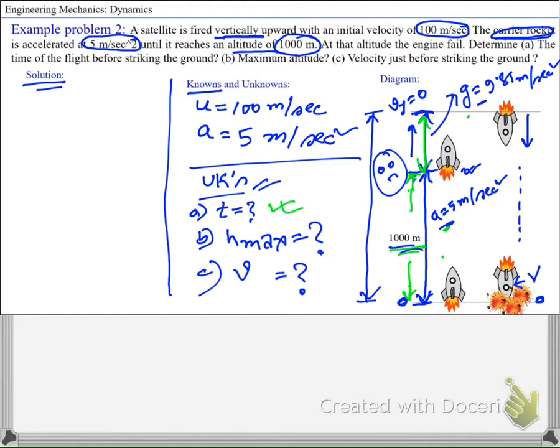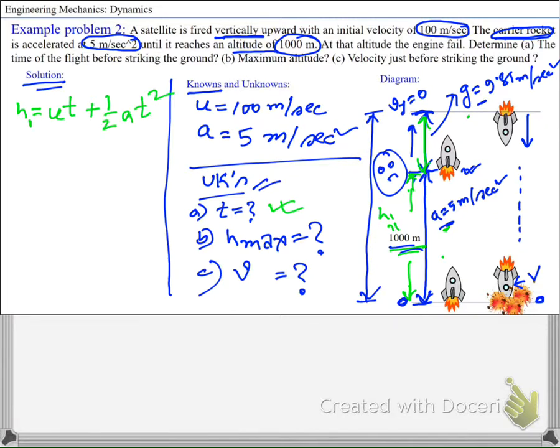So if we apply the equation, we can call 1,000 meter as height h1. So height h1 equals ut plus half a t squared.